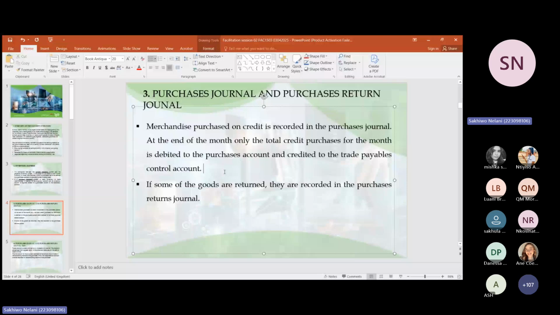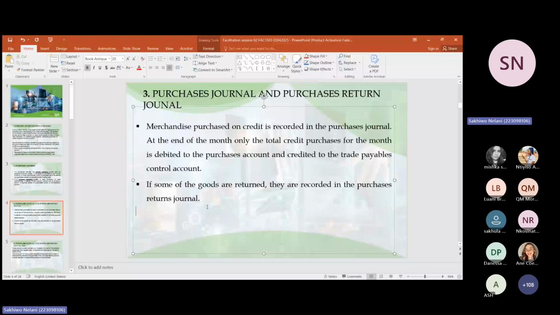Under those circumstances, we have to return those line items, but we need to deal with the purchases return journal, because it's not just dealing with the physical part of putting it in your truck and delivering it back, but there must be a process of recording in the books of your business. That is how this aspect needs to be considered.